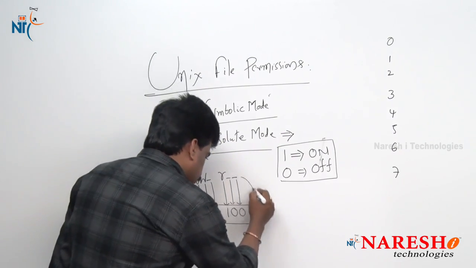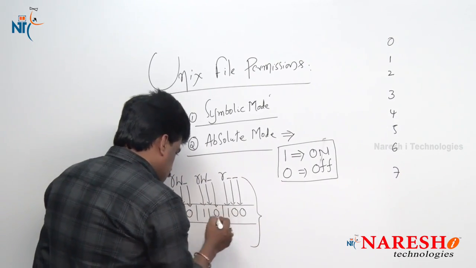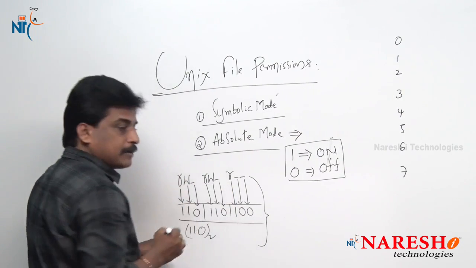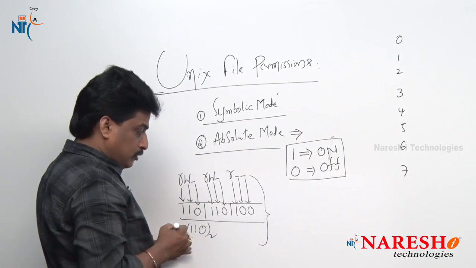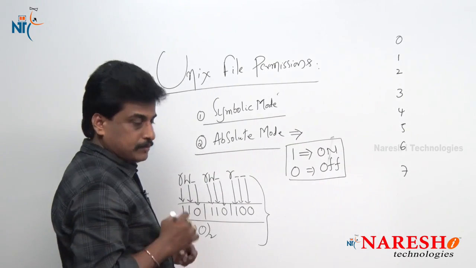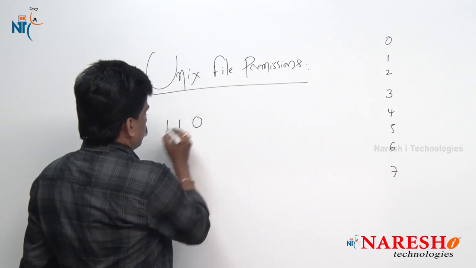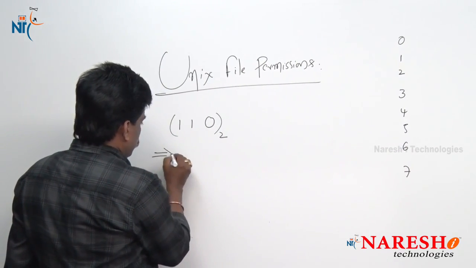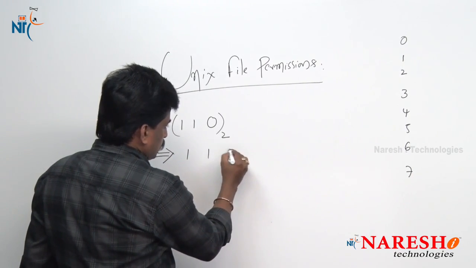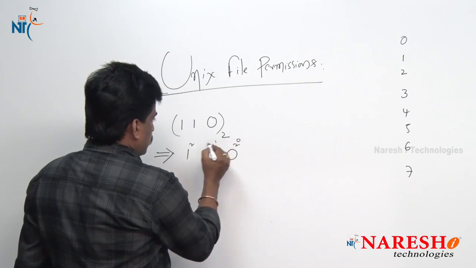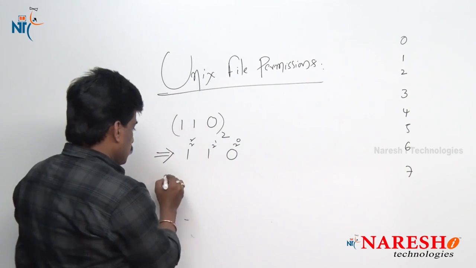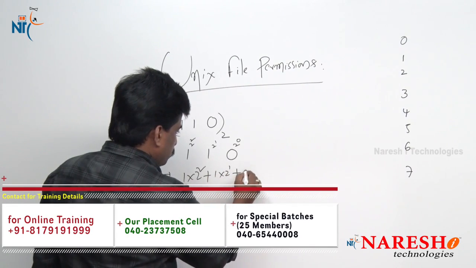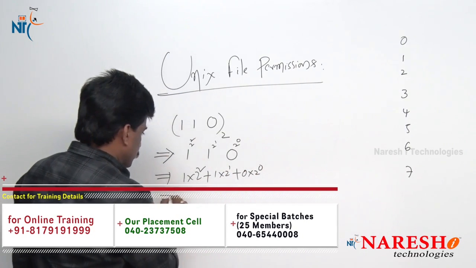Let us convert the first one. The first one is the owner: 1, 1, 0 to the base 2. We will convert this into the octal number system. Applying the powers of 2 starting from 0 onwards, you convert 1 into 2 squared plus 1 into 2 to the power of 1 plus 0 into 2 to the power of 0.